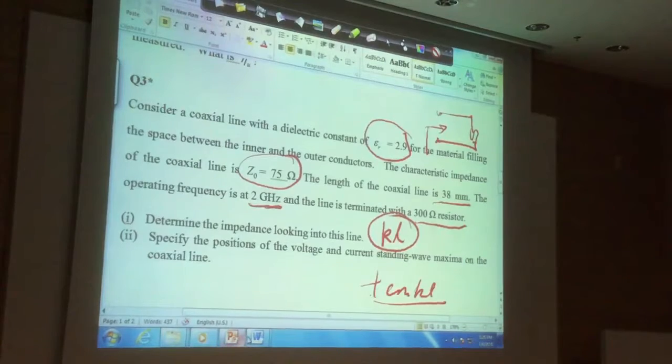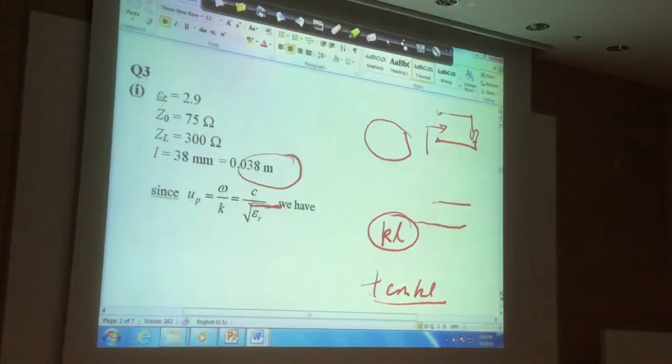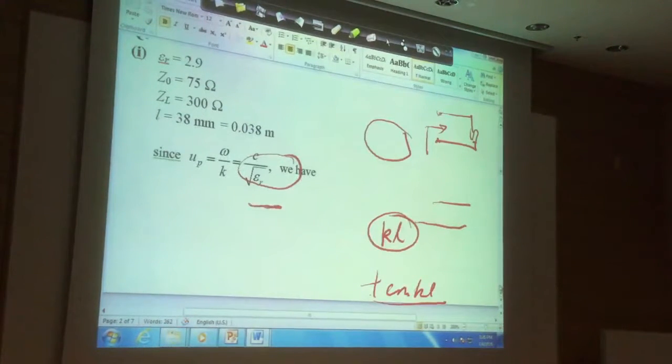Then let me look at the solution. Okay, the given information: epsilon r is 2.9, 75 is 75, this is 300, right? This physical length is, since the phase velocity is this equation, right?